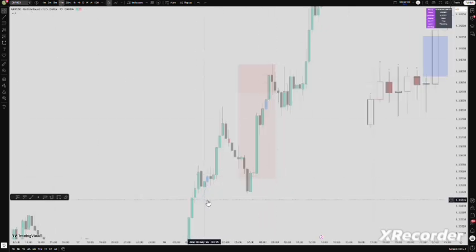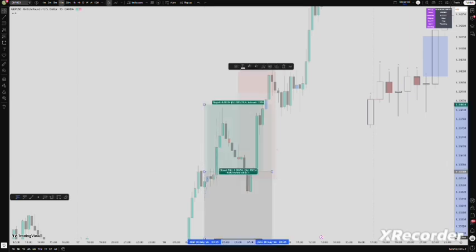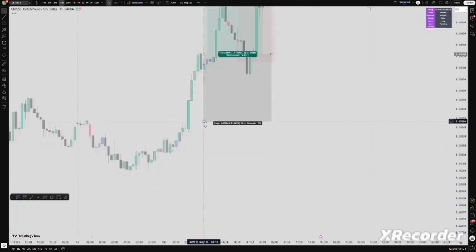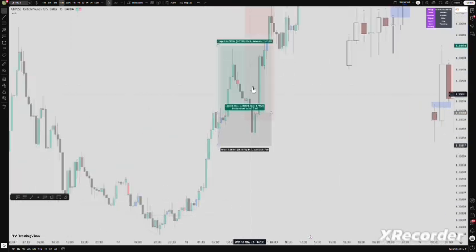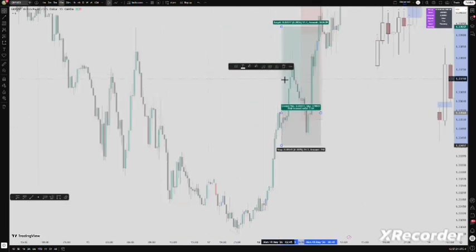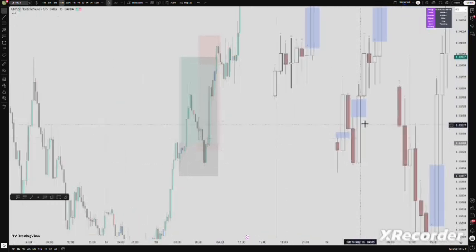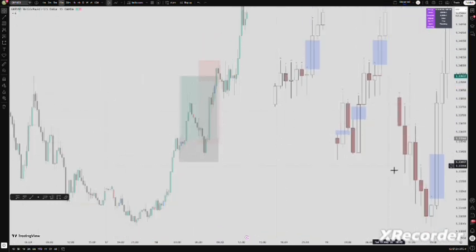In terms of target, I used my standard deviations to project the 1 hour candle, the 1 hour CISD, for targets. I was targeting the 2.5 level, just slightly above that, 2 hour, somewhere in between here.